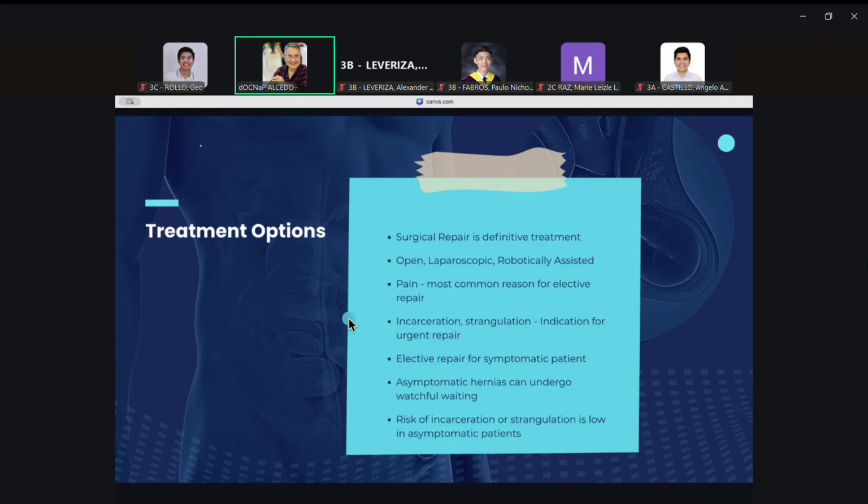Now, elective repair is only advised for symptomatic patients without complications when they see you. And again, just to stress the point that for asymptomatic hernias, you can advise the patient to just watch the symptoms and just observe the lesion, okay? Because the risk of incarceration or strangulation is low in such asymptomatic patients.